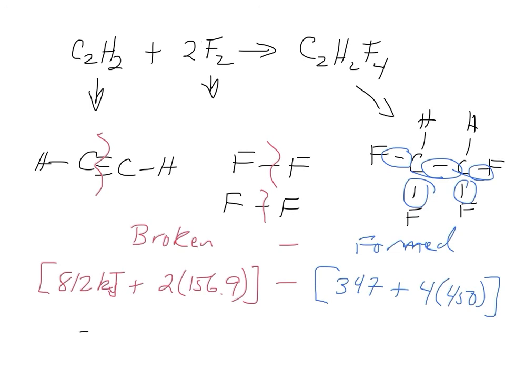What do we get for a final answer? I will come to your questions in just a second. Let's get a number for this. 1021, negative 1021, okay. 0.2 kilojoules per mole.